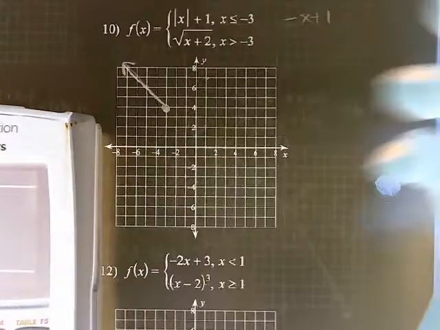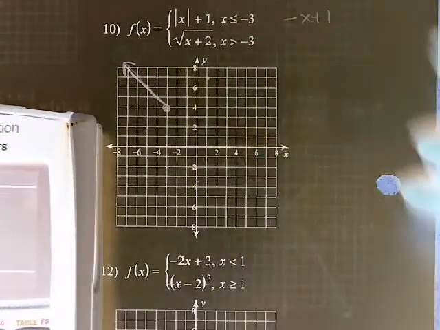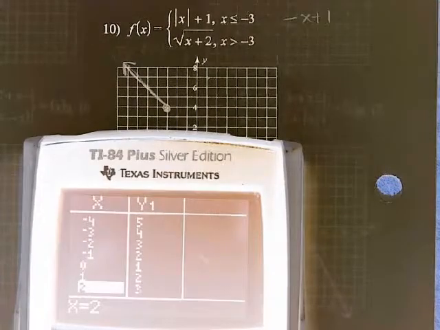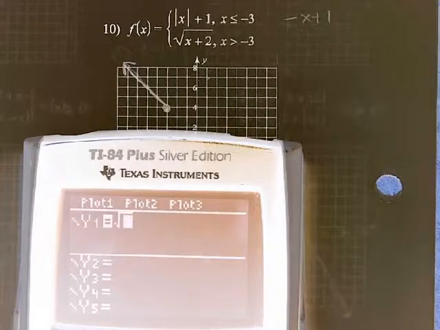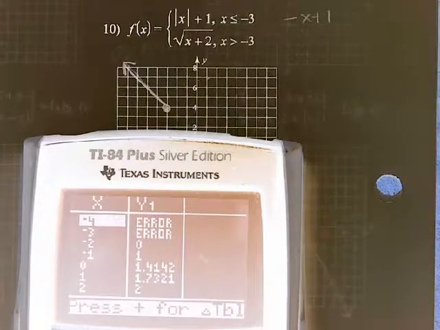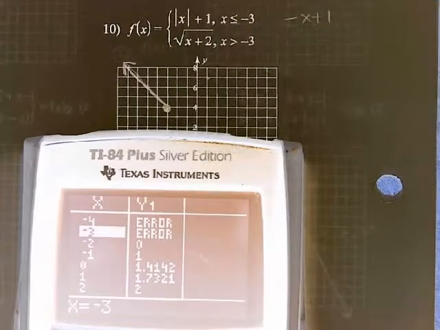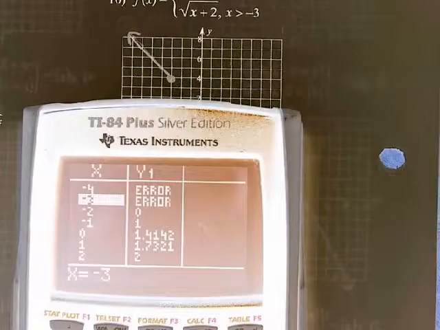All right. And then what do we do for the other part? Let's graph that. So we've got square root of x plus 2. I can't graph anything at -3 because it gives me an error. But for -2, I have 0.